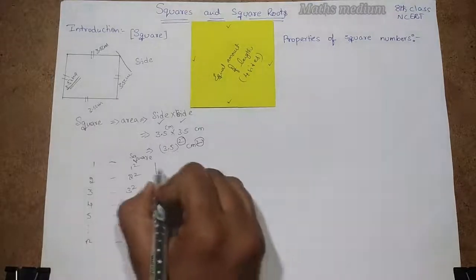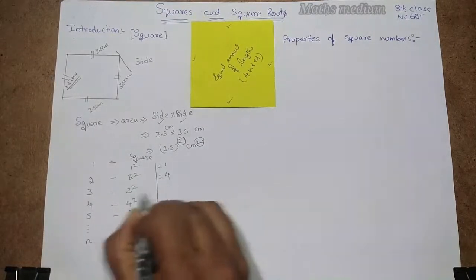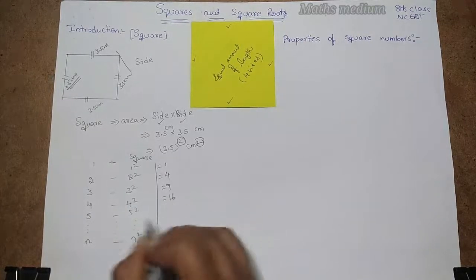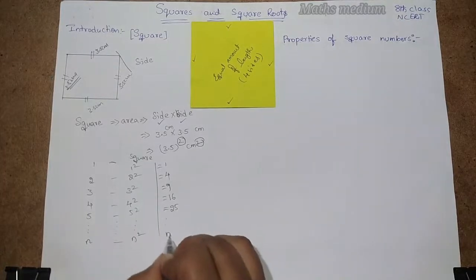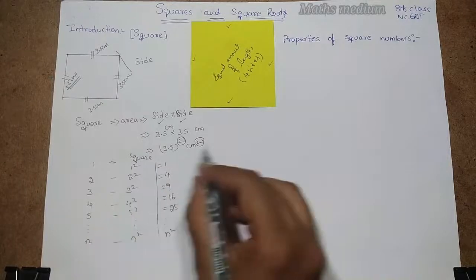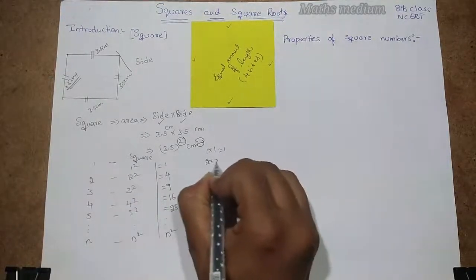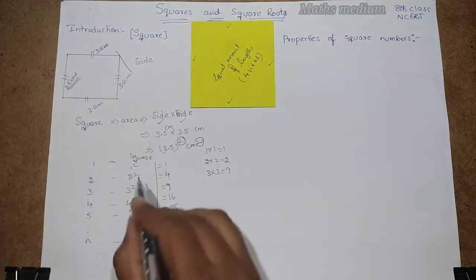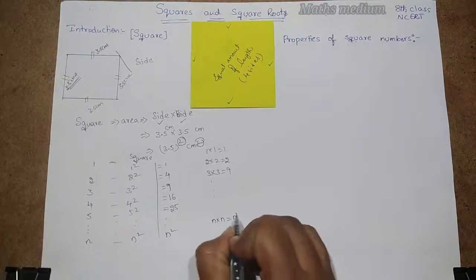The results are 1, 2 square means 4, 3 square means 9, 4 square means 16, 5 square means 25 and so on, and n square. A number multiplied by itself is called a square. 1 into 1 equal to 1, 2 into 2 is equal to 4, 3 into 3 is equal to 9. Similarly, n into n is equal to n square.